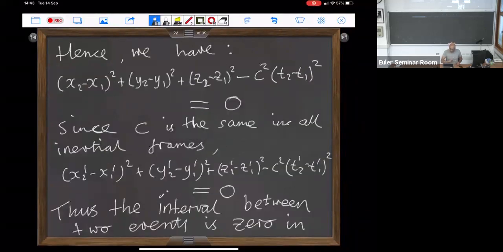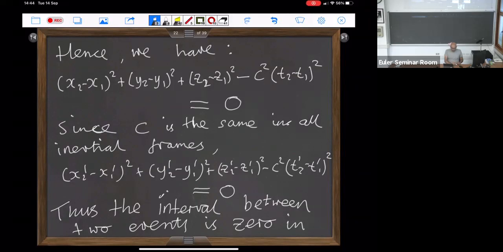So these things have to be the same, because c, according to relativity, is the same in all inertial frames. So now what we get is these two equations.